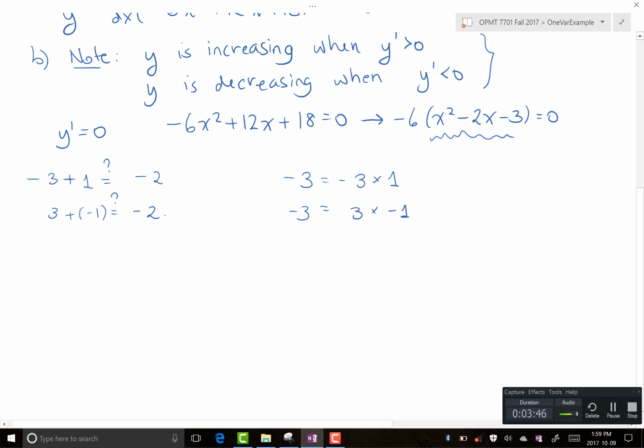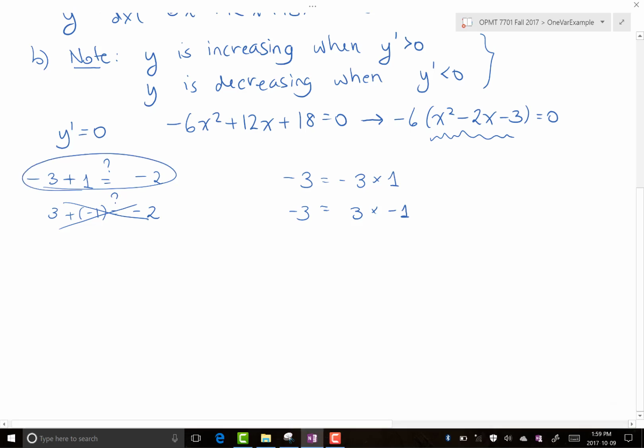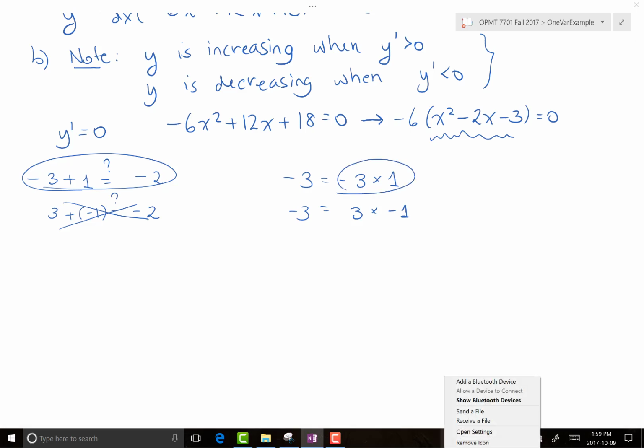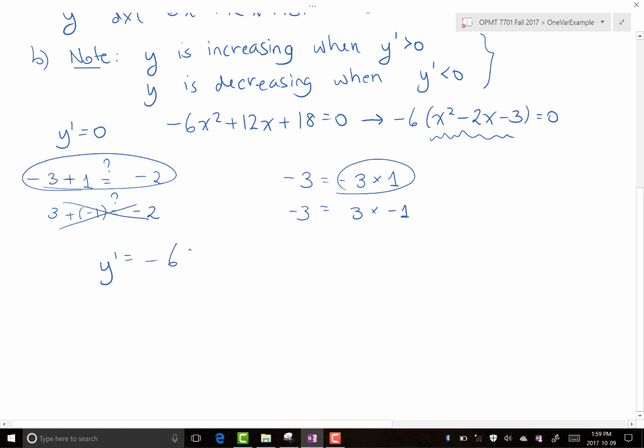So the second one here adds together to give us positive 2, so that's not correct. This first one is correct. So our two numbers are minus 3 and 1. Okay, and so y prime is going to factor into x minus 3 and x plus 1.